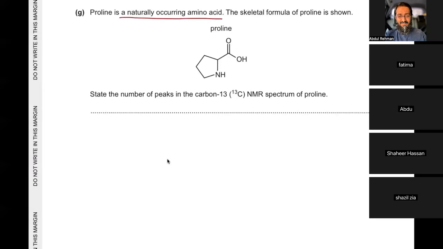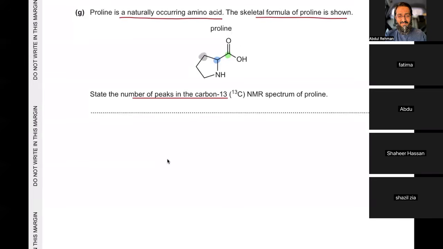Now, proline is a naturally occurring amino acid. The skeletal formula of proline is shown. State the number of peaks in carbon 13. In carbon 13, the number of peaks is the number of different types of carbon atoms. This carbon is completely different from the rest. Then this one is different again, because one side is CH2 and the other side is NH.